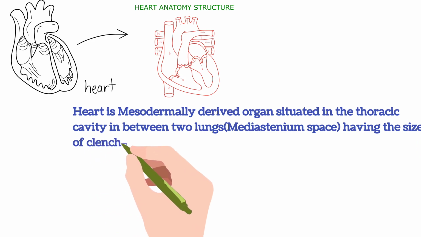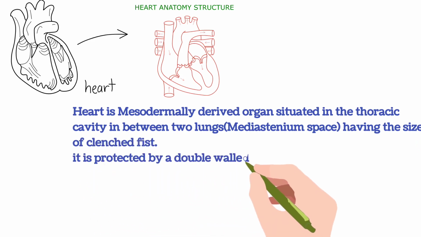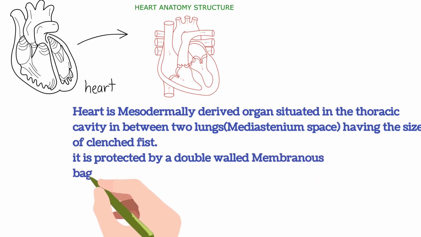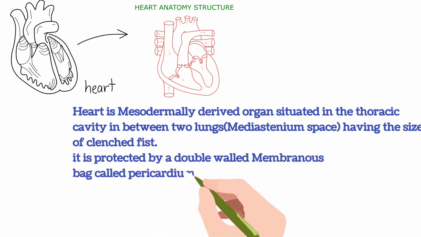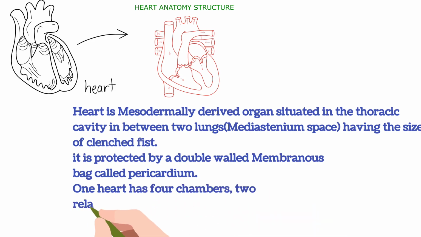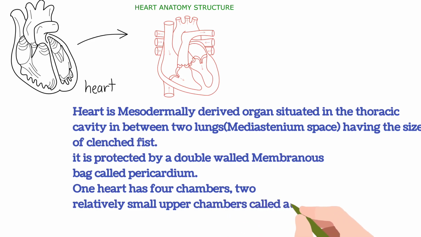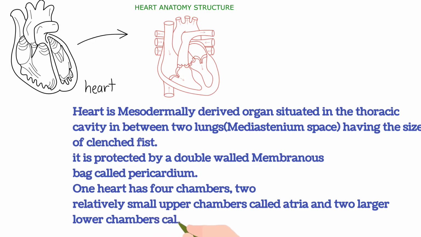The heart has the size of a clenched fist. It is protected by a double-walled membrane called the pericardium. The heart has four chambers, two relatively small upper chambers called atria and two larger lower chambers called ventricles.